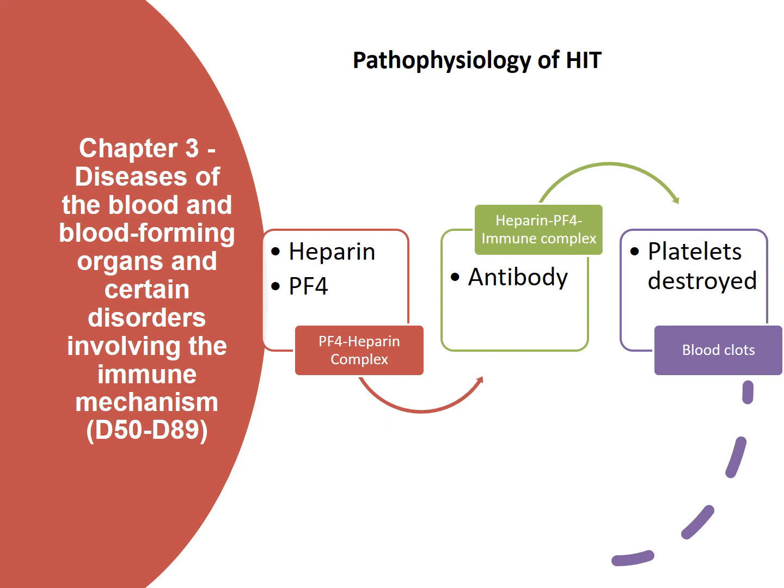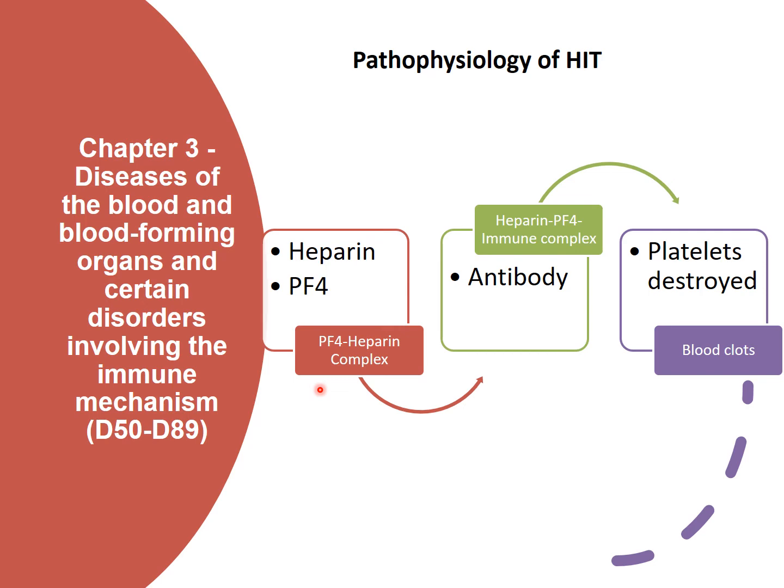Coming to the pathophysiology of HIT. After heparin is administered to a patient, an immune complex can form between heparin and a specific blood factor, that is PF4, platelet factor 4, which is released by platelets. Then the body treats the PF4 heparin complex as a foreign substance.